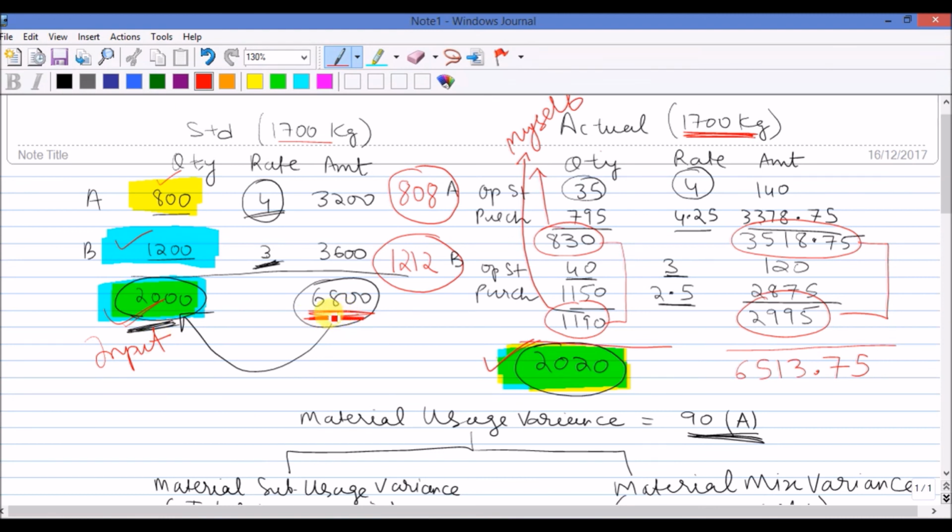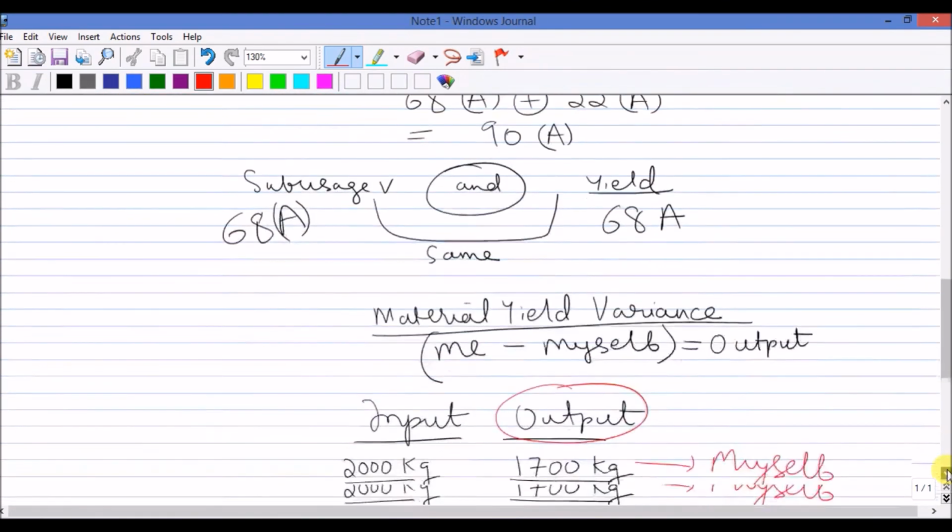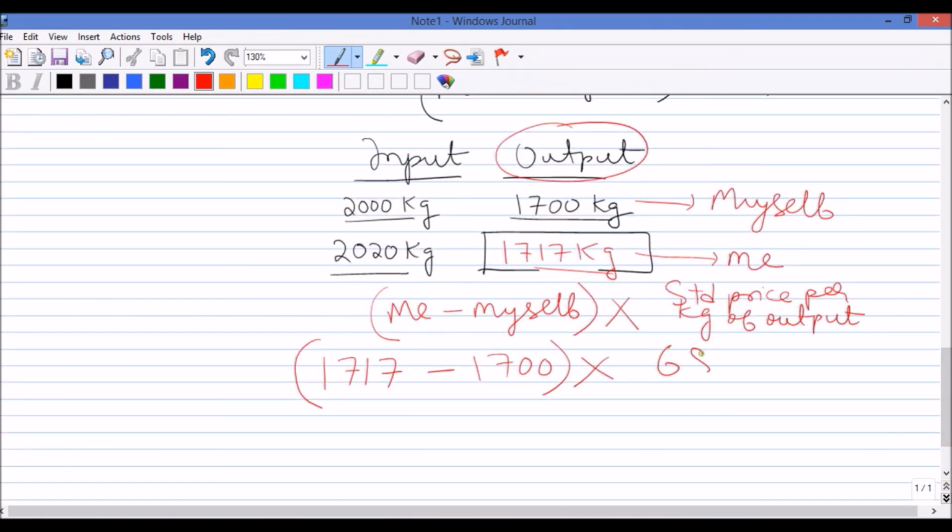For yield variance you have to divide with the output. So 6800 you have to divide by 1700. Remember, this is output.